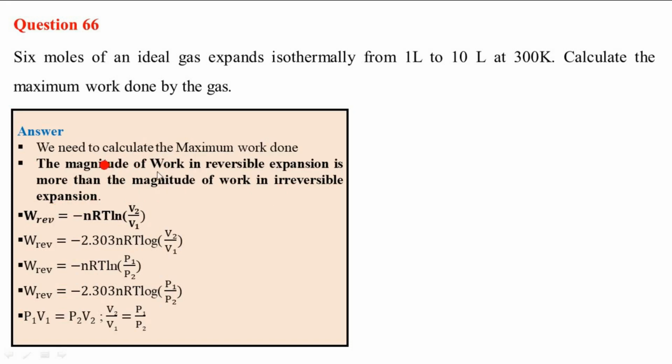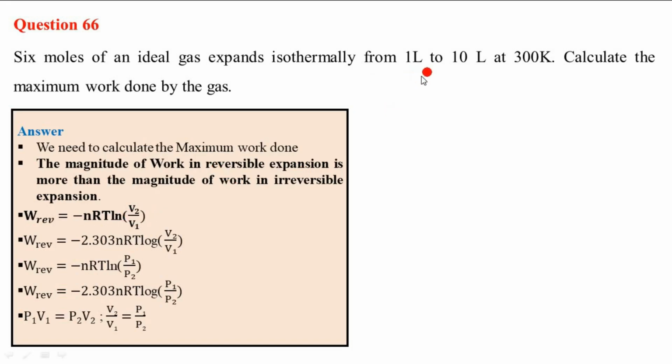That means where we have the maximum work is in the reversible expansion process, rather than the irreversible process. That means the formula that we will be using here is the formula for reversible.